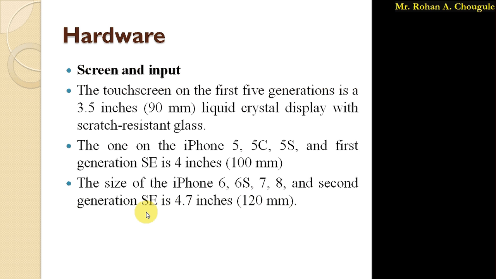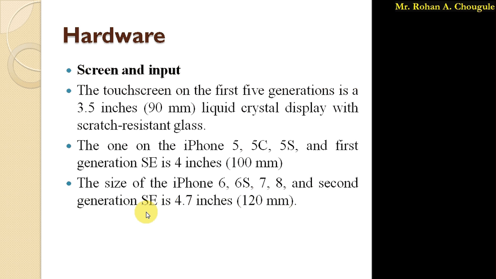The touch screen on the first 5 generations is 3.5 inches, that is 90 mm, and it was a liquid crystal display with scratch-resistant glass used for the first 5 generations of iPhone.